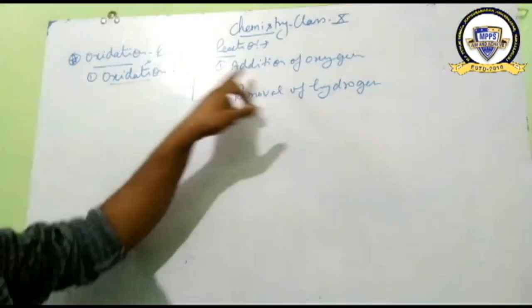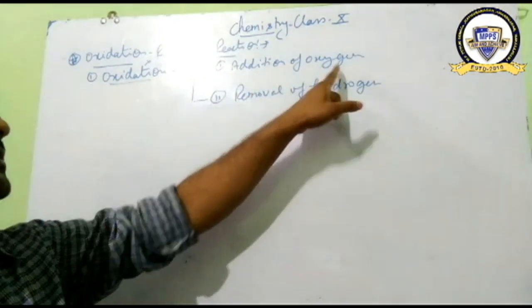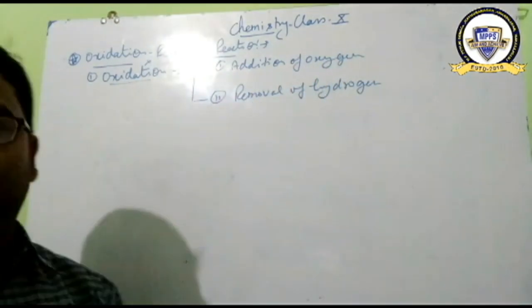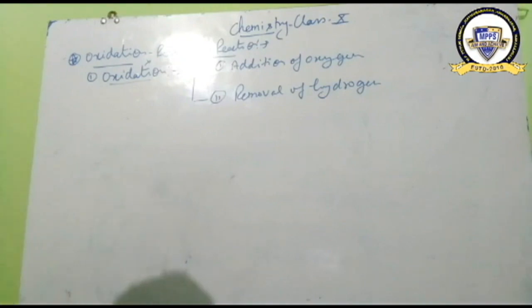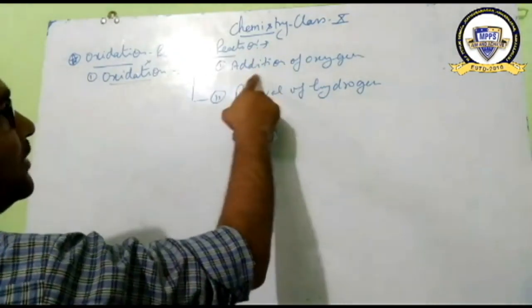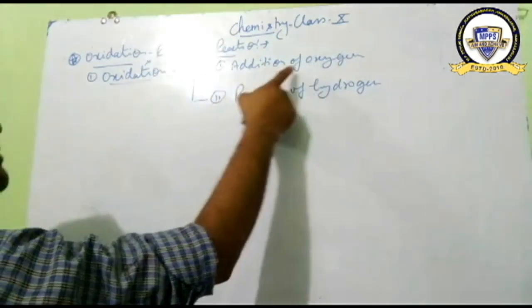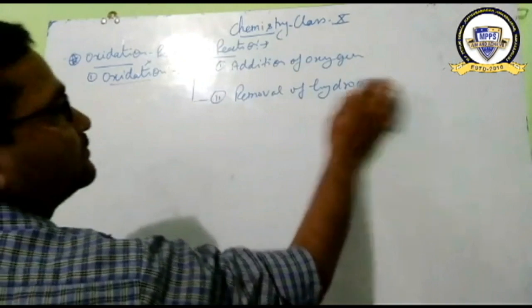In oxidation reaction, either addition of oxygen takes place or removal of hydrogen takes place. So first we will see examples of how oxidation takes place by the addition of oxygen.